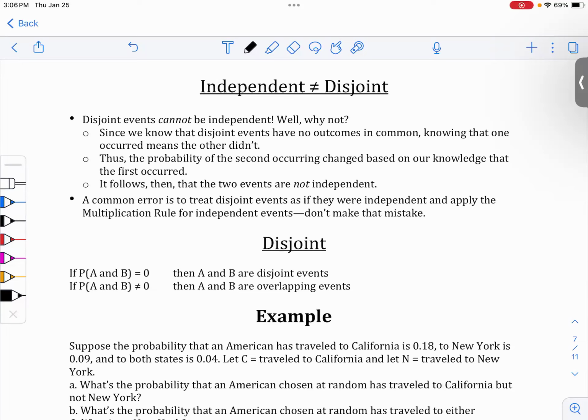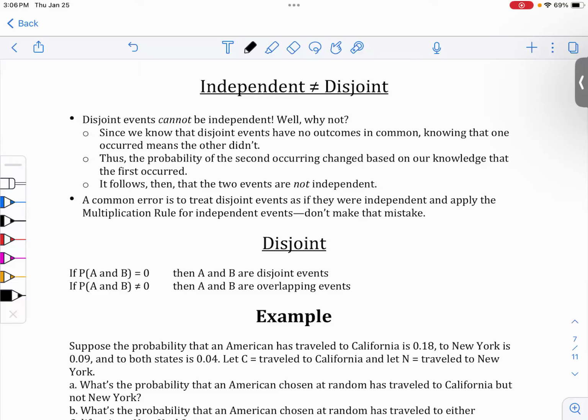So what we talked about last time as well, independent events cannot be disjoint and vice versa. By definition, once something is disjoint, you know the result of another outcome. The probability of getting an A in a course: if I have an A, I know the probability of getting a B in that course is 0. So knowing this probability immediately affects that other probability.